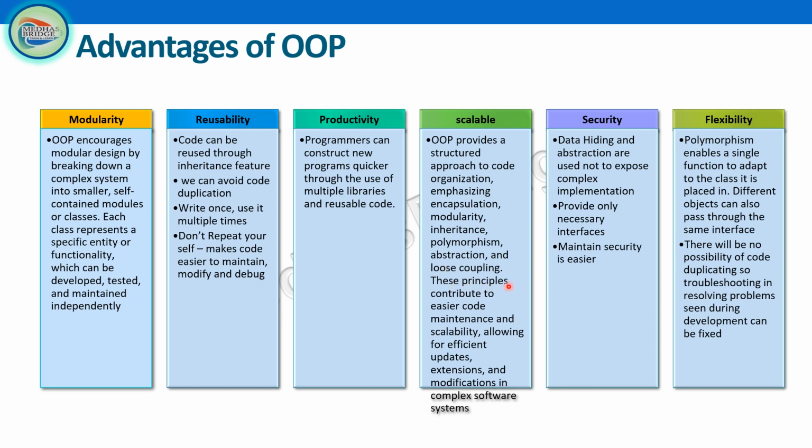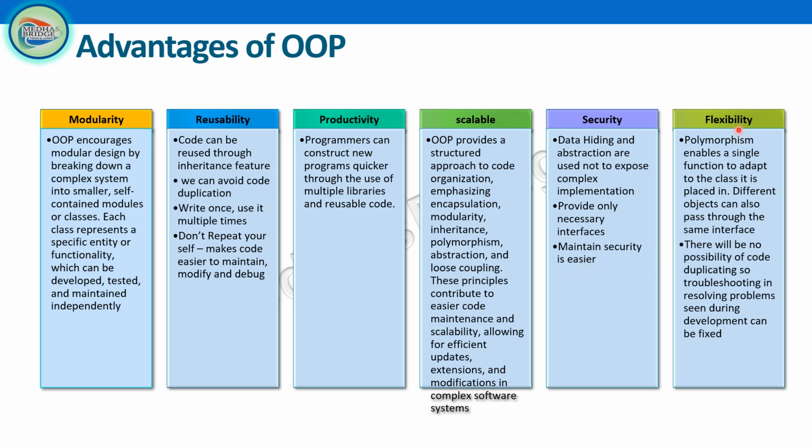These principles contribute to easier code maintenance and scalability, allowing for efficient updates, extensions, and modifications in complex systems. In security, data hiding and abstraction are used not to expose a complex implementation. It provides only the necessary interfaces. Maintaining code security is easier.